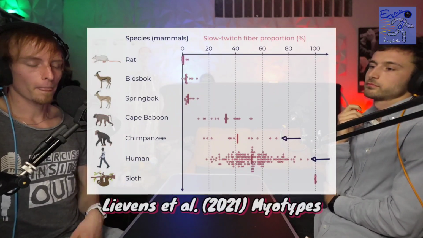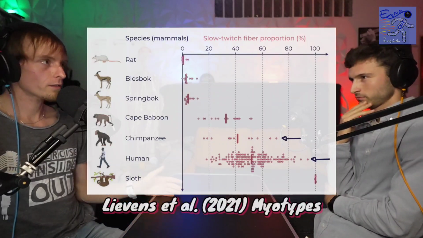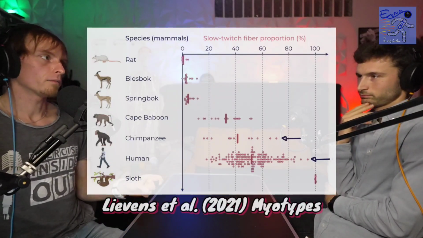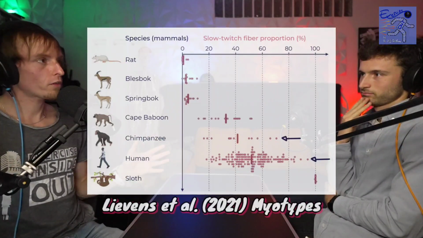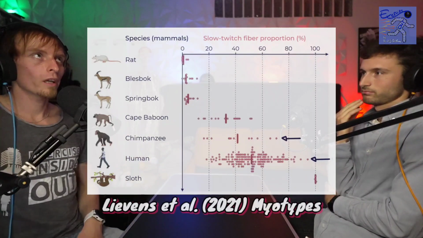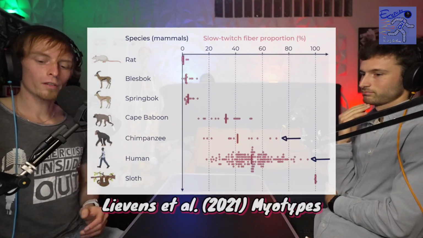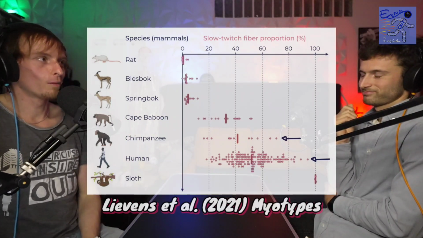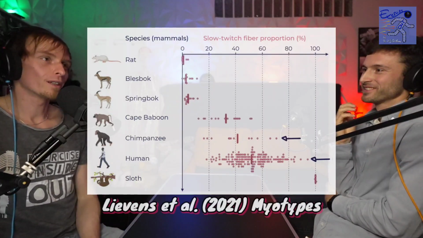If you now take a close look, for example, in monkeys, then you find a percentage of between 10% to 50% type 1. And in humans, we have a huge variety. And for example, if you take a look at the sloth, then it's most of the time 100% type 1 fibers. So really, really slow.